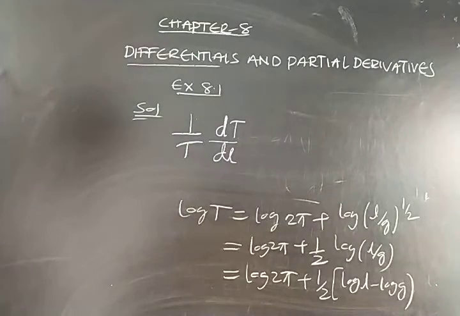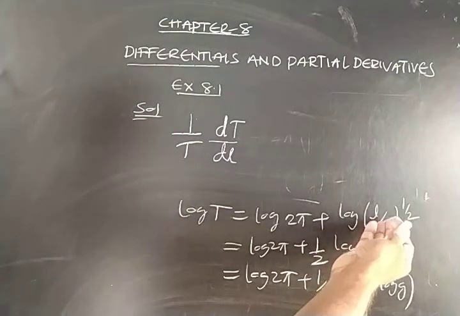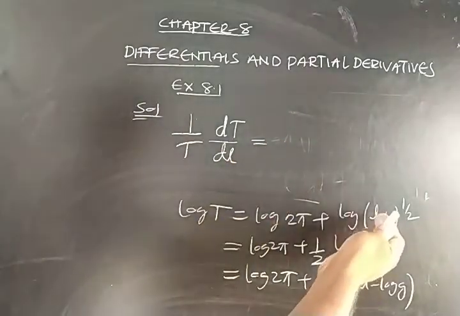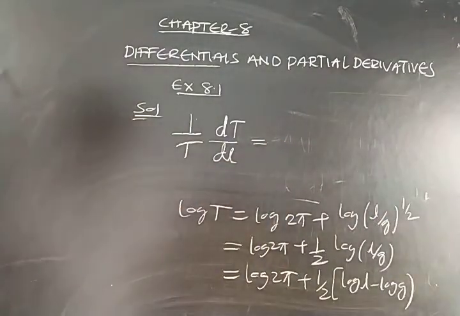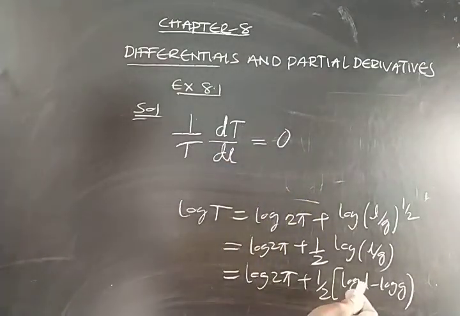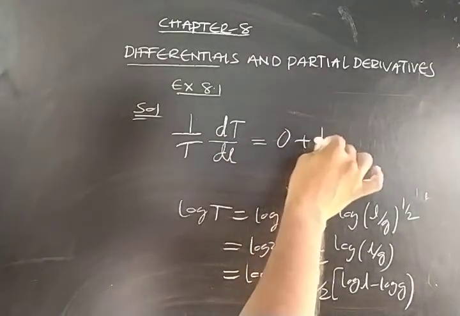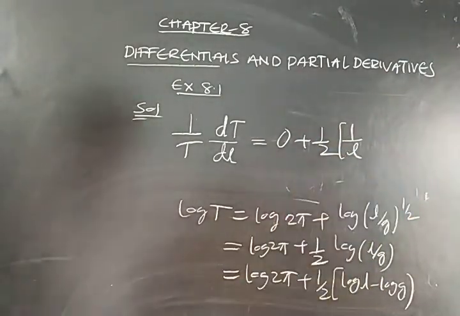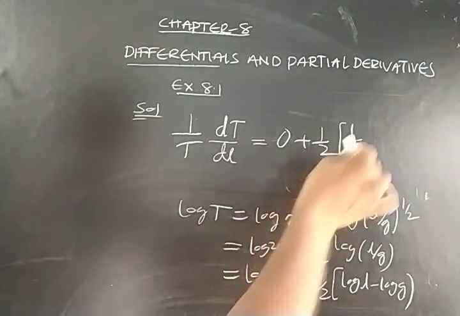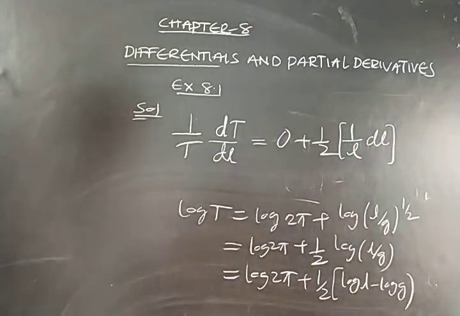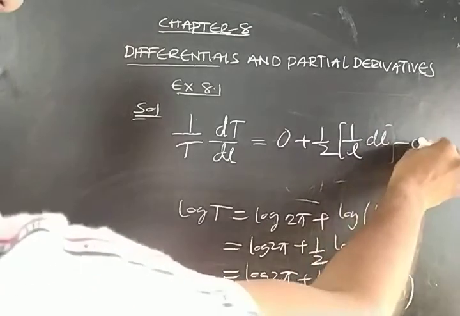Here log 2 pi is constant, so 0, plus 1 by 2 as it is, log L derivative 1 by L, times dL. Log g value is 0.